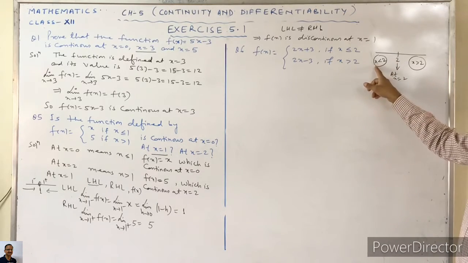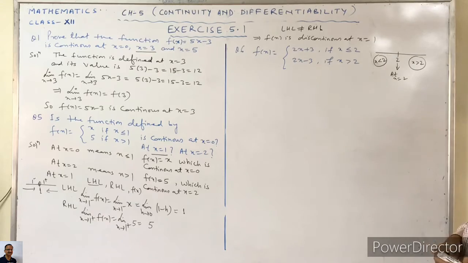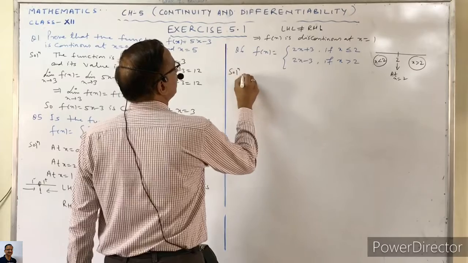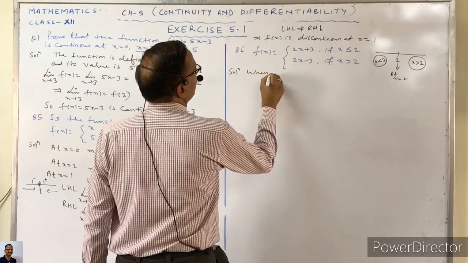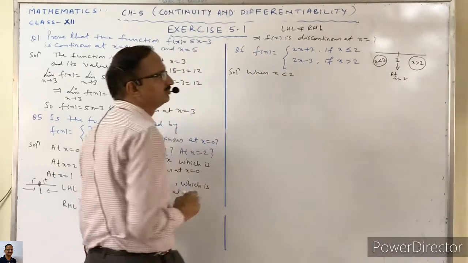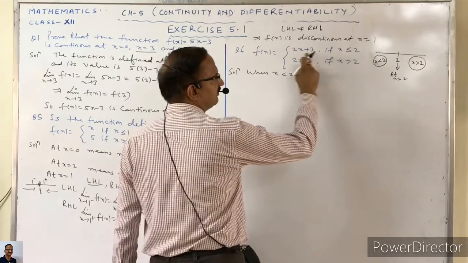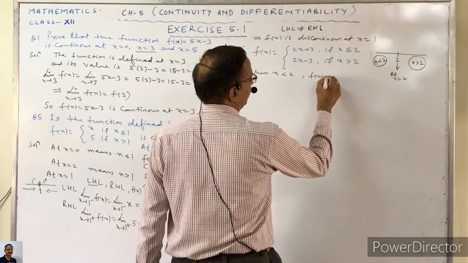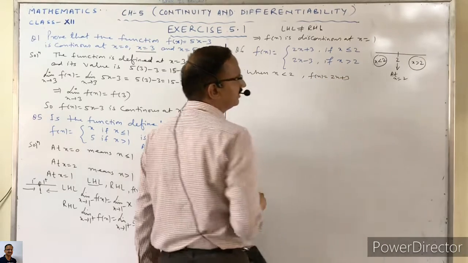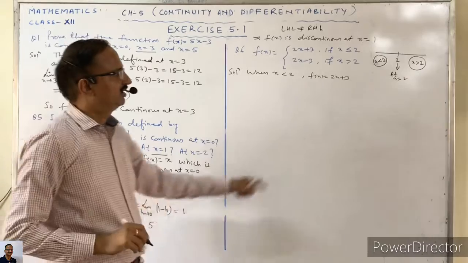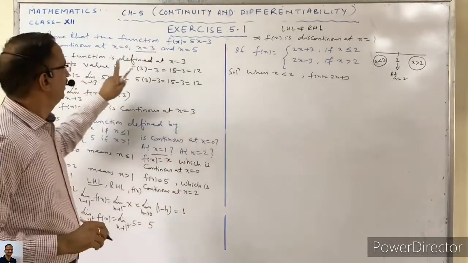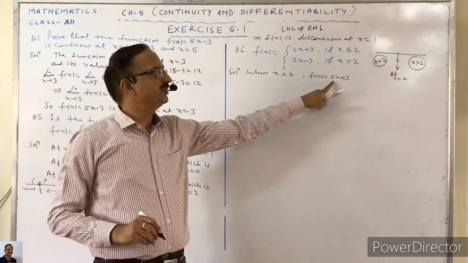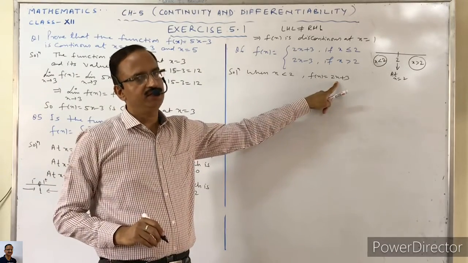So for x less than 2, when x is less than 2, the function is what? 2x plus 3. f(x) is 2x plus 3. By the method that we used in question number 1, directly we can prove that this function is continuous.